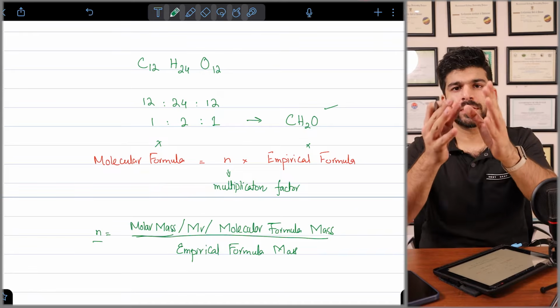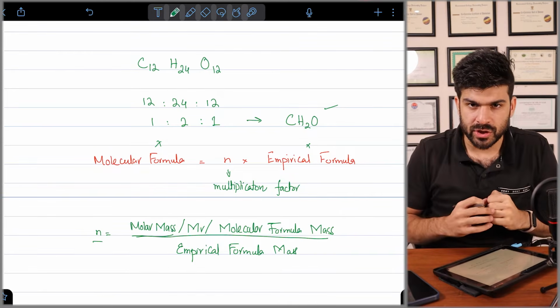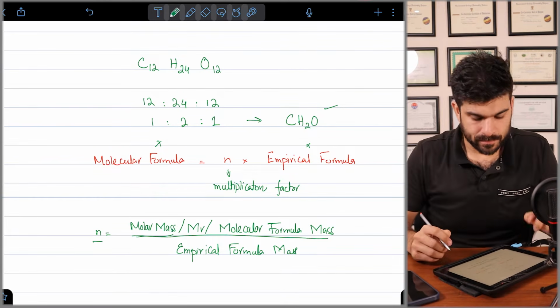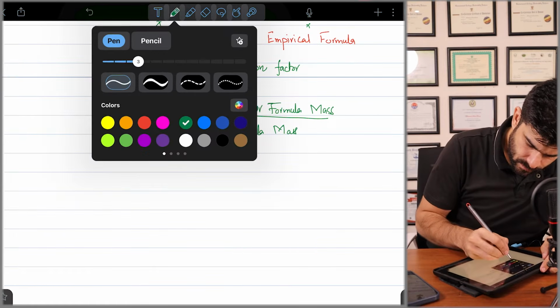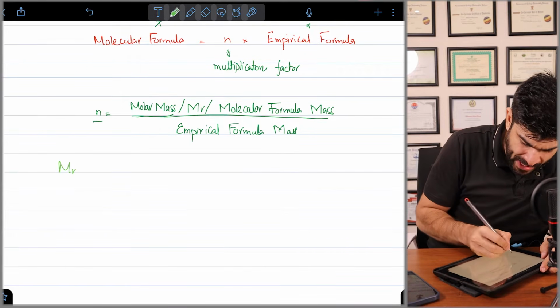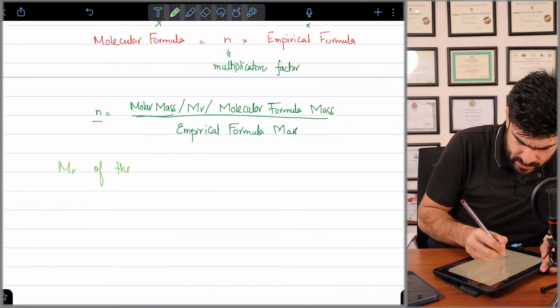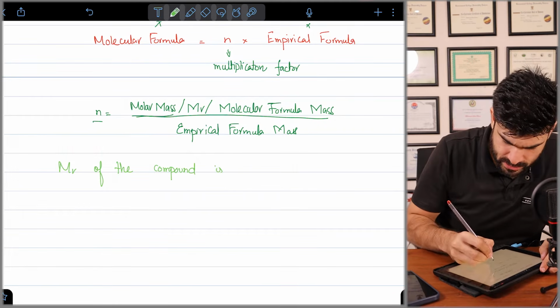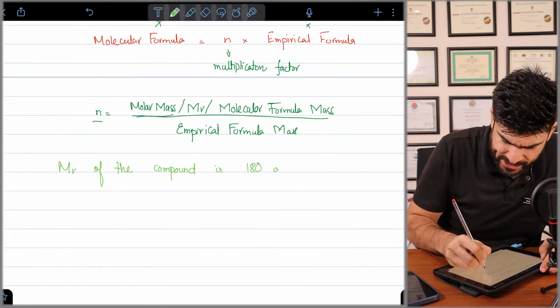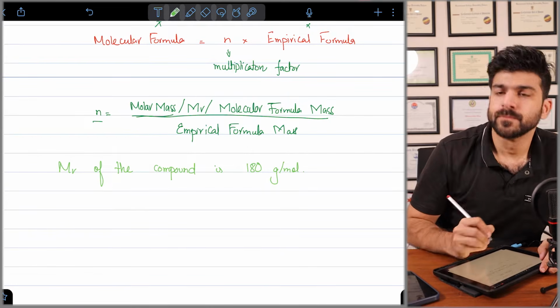So let's say you get a question. You found the empirical formula, and in the question they say the MR of the compound, the similar compound, the glucose one that we're talking about, is 180 grams per mole.